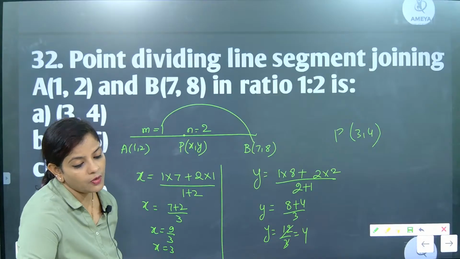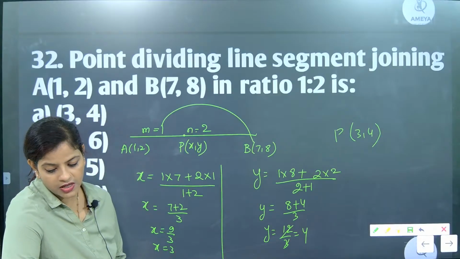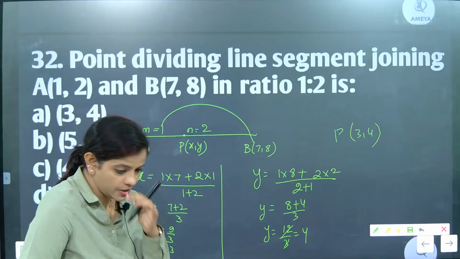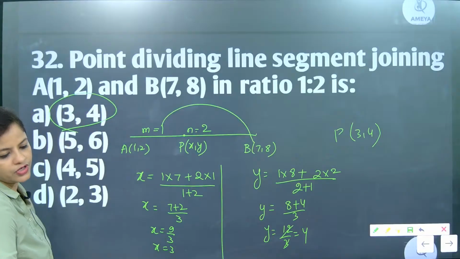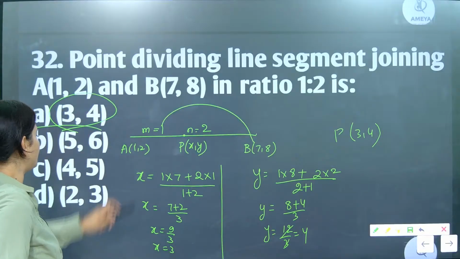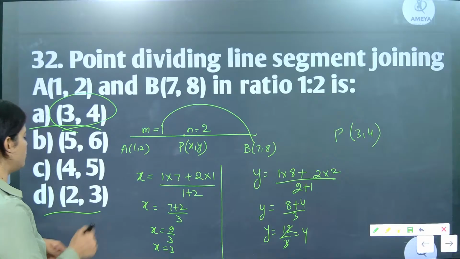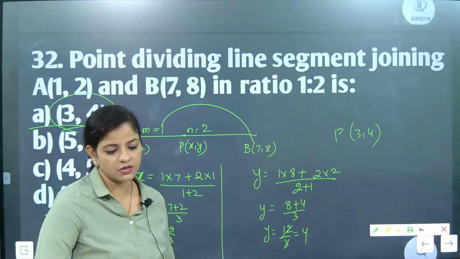If any other option has x value 3, then you can't just take 3 comma 4, you have to solve. Here only 3 comma 4 is there, so directly you can take it because no other option has 3. But if one more option like 3 comma 3 is given, then you have to find the value. There are no other options here.